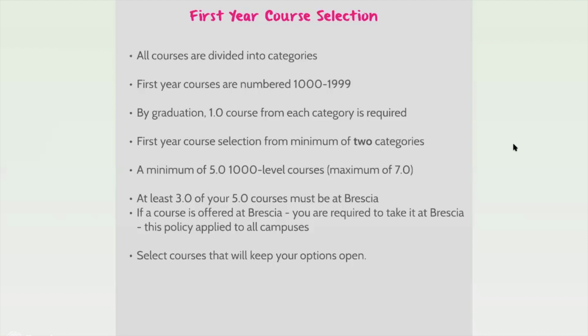Something like Sociology 1020 might be offered at main campus and King's, possibly Huron, as well as Brescia. But since it's offered at your home campus at Brescia, you would be required to take the Brescia section. And that policy is applied to all campuses too.